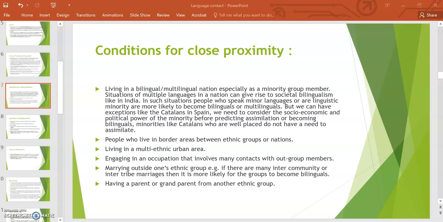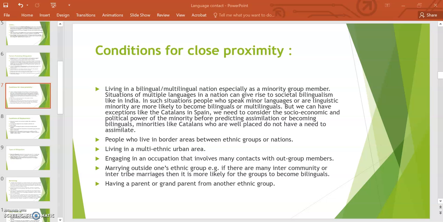Or in case of the Hindi belt, we can say, because there are a lot of languages which are covered under the umbrella term Hindi. So you also have Awadhi, you have Bhojpuri, you have Maghi. These are all different languages, but in the census they are all listed under Hindi. So the speakers who speak those languages apart from standard Hindi will be listed as monolinguals, which they are not.